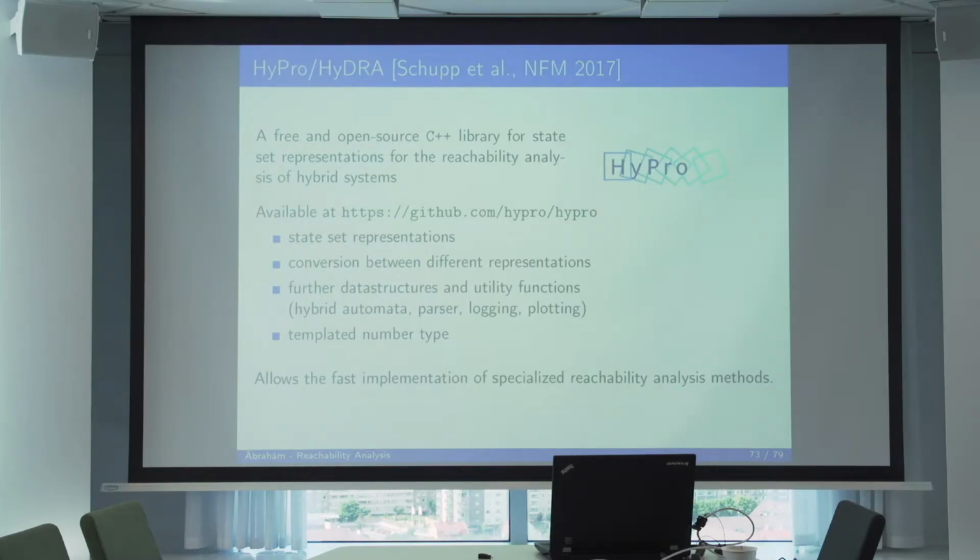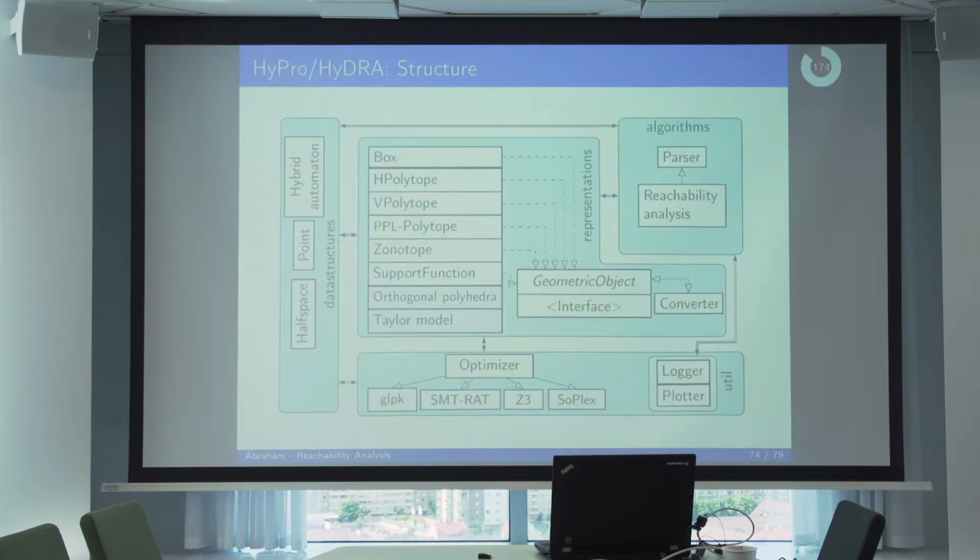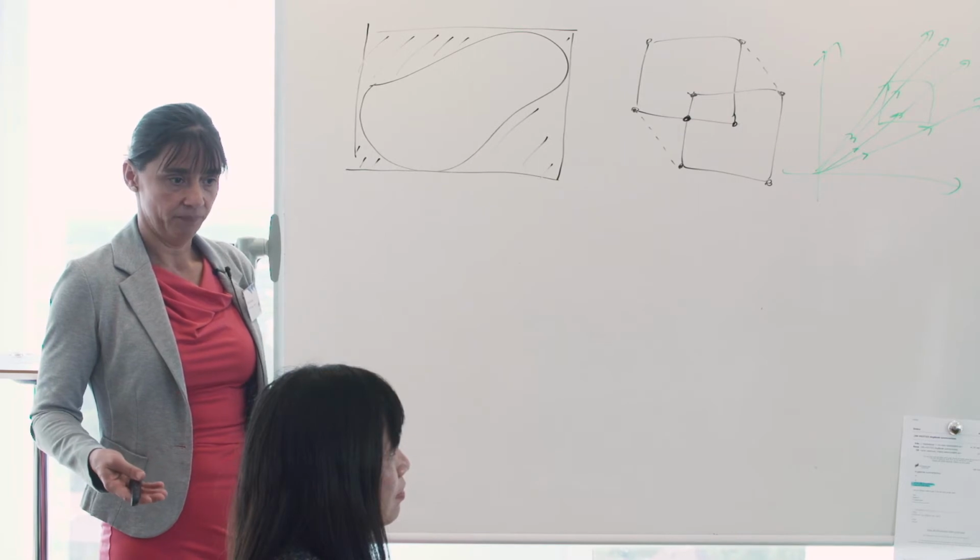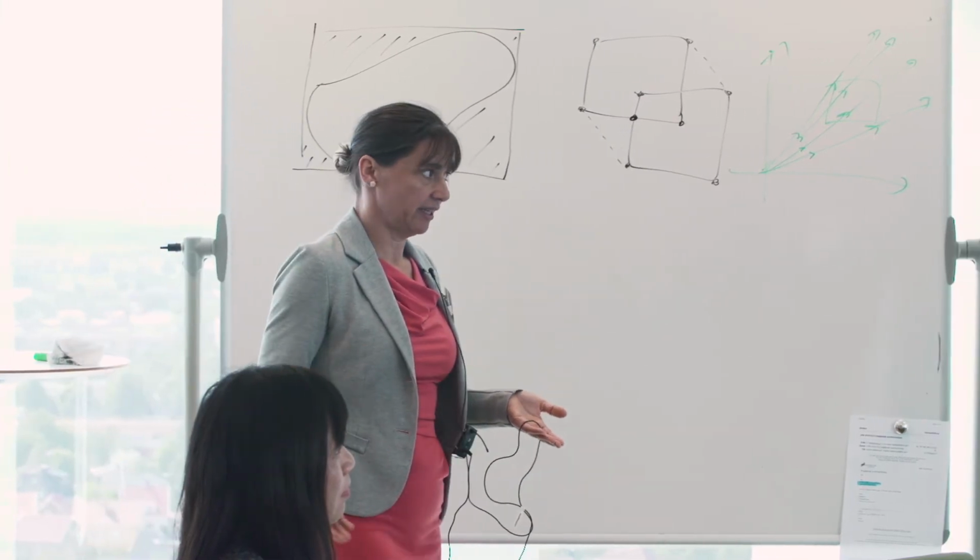It is an open source C++ library, and the structure is, firstly, what is also important, the question in the last talk was what is the data type for the numbers? It offers both. You can compute with inexact and with exact numbers. And we offer even a mixture of those, such that we compute first inexact, and then it is verified by an exact computation whether the inexact computation gave an exact result.